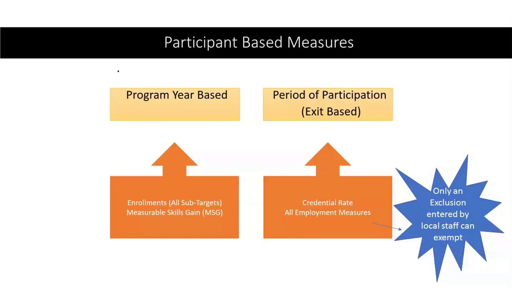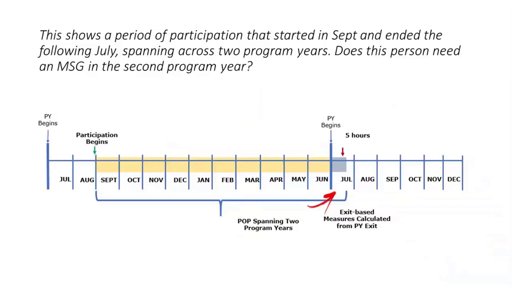So just to give you some visuals of what we're talking about when we're talking about period of participation and the way that this report can help support you. If you're thinking about a participant, this particular visual is going to show you a person that comes in about the end of August, and they continue all the way through the program year, gaining hours, and they don't exit the program or exit the services from us until the next July.